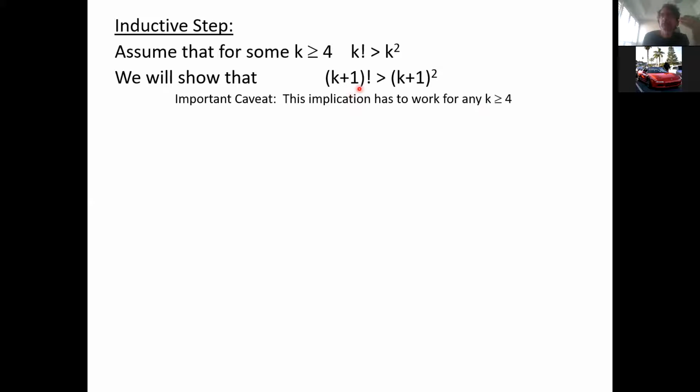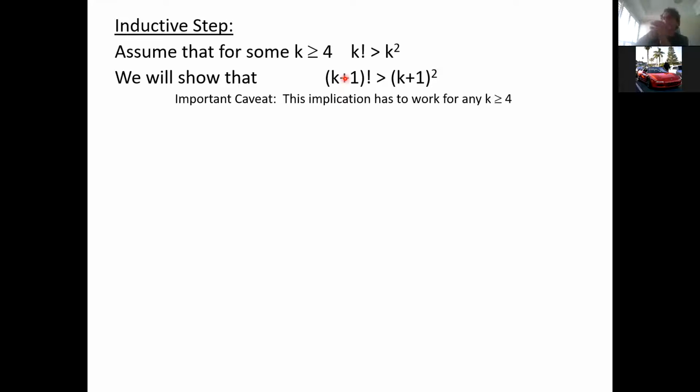What is k factorial? What is k plus 1 factorial? It is recursively defined as k factorial times k plus 1, right? So factorial has a natural recursive definition. Factorial of 1 is 1. What is factorial of n plus 1? Well, it's the factorial of n multiplied by n plus 1, right?